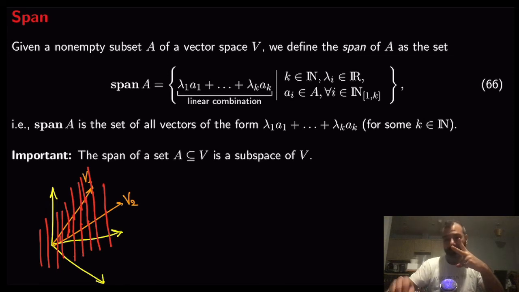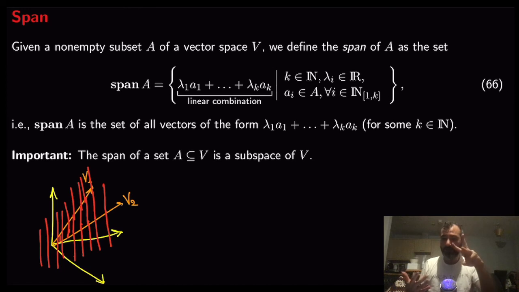What is the span of my 2 fingers? It is the plane that is supported by these 2 fingers, the plane that contains them. Not this, not this, it is exactly this: my 2 fingers and the plane that contains them.